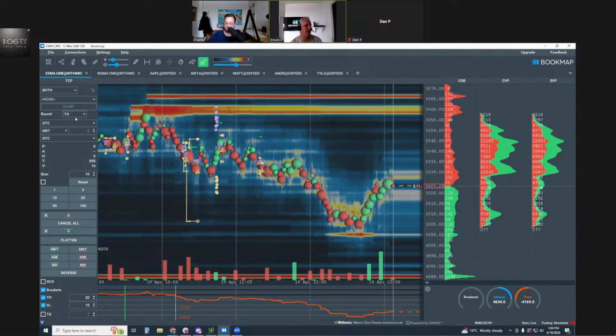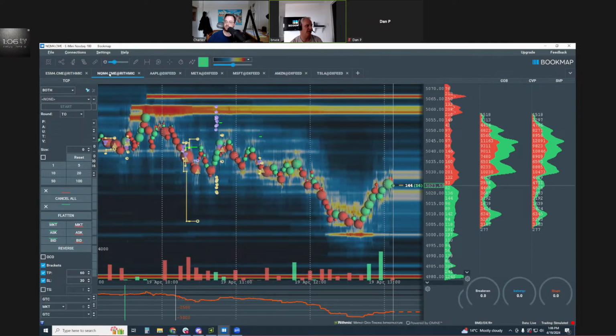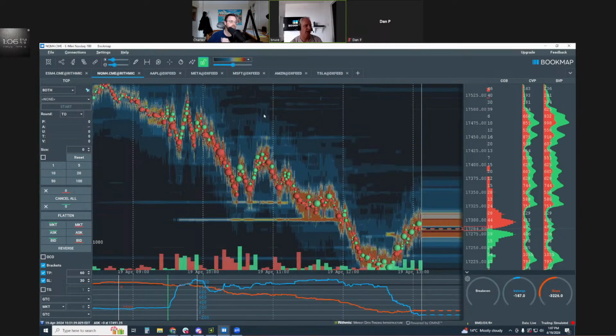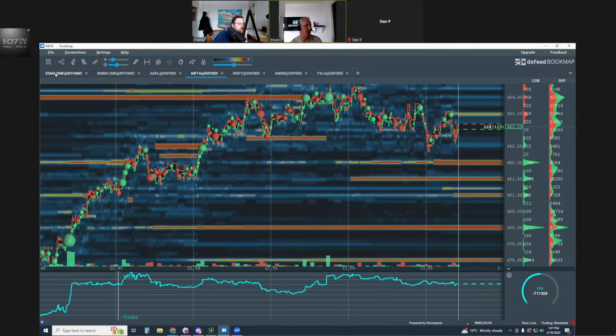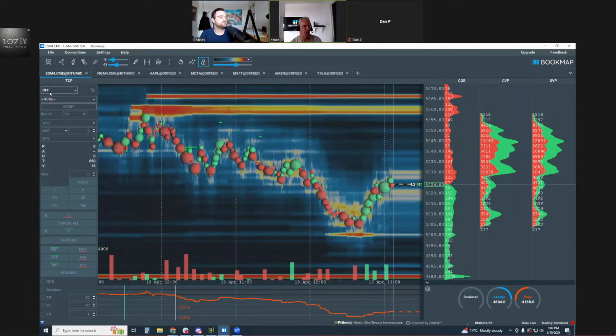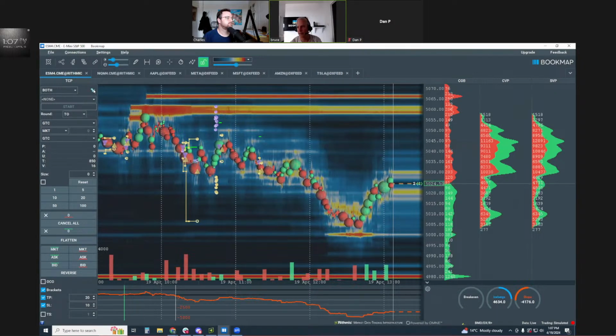We're all set to trade from the Bookmap chart or DOM. But then we jump over to the NASDAQ and check something out, or maybe Apple or Meta. And then we jump back to the ES and note that it is off. So if I want to jump into a position immediately, I need to then turn it back on and then reselect my size here. So to avoid that, just click on this little pin.